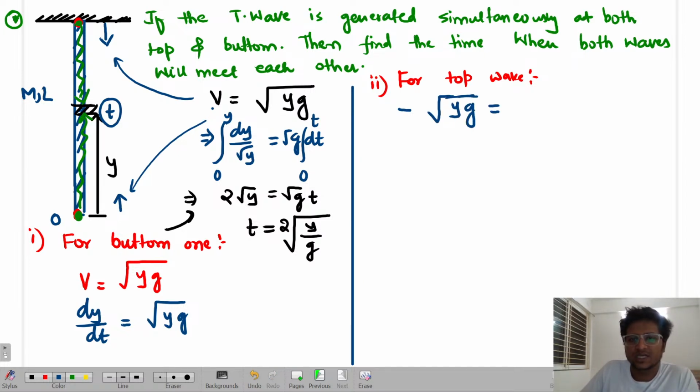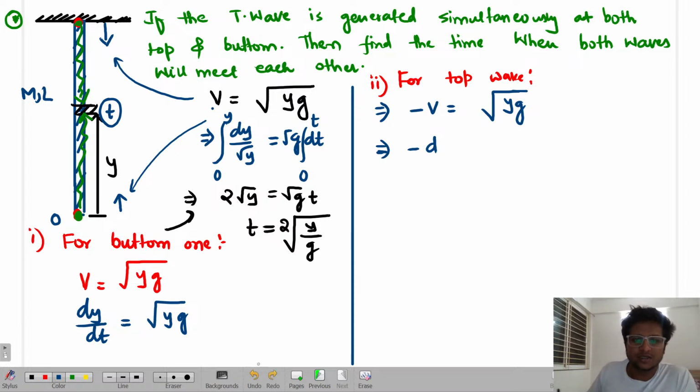So minus v equals root under yg, and minus v is minus dy by dt. So I'll write minus dy by root y equals root g dt.